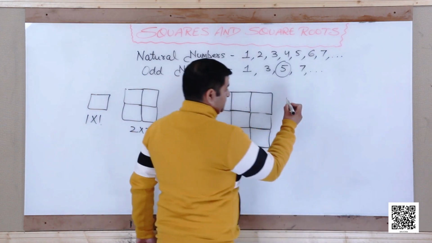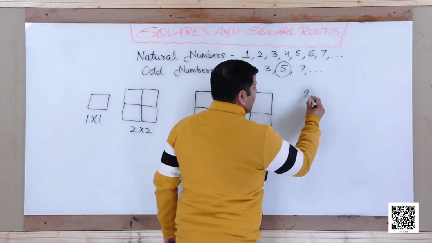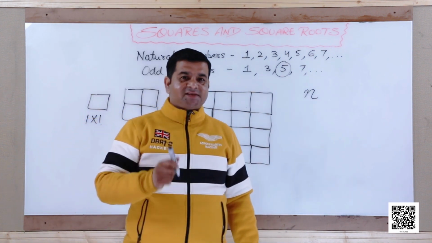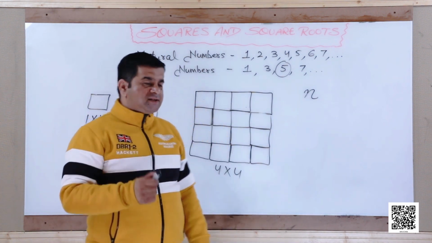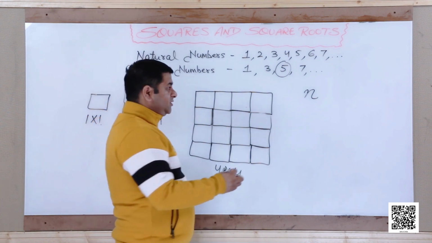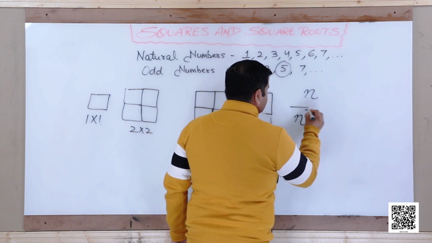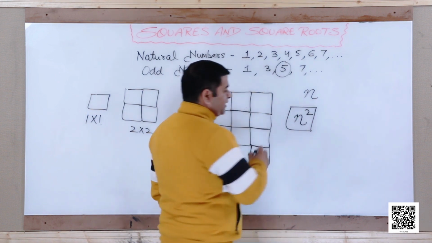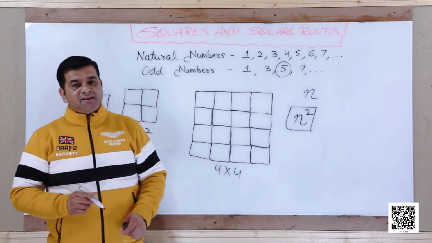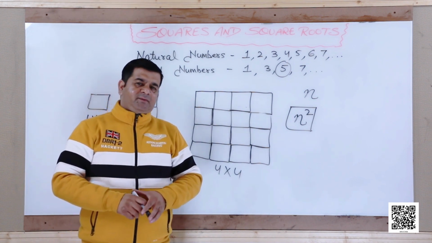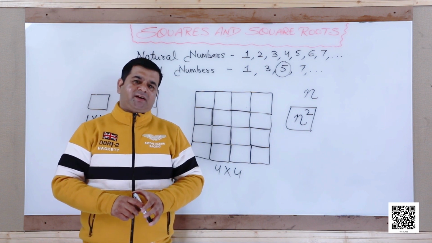If we take the first n odd numbers, then we will get n square. What do we get? We will get n square. Now students, let's see a little bit more about square numbers.